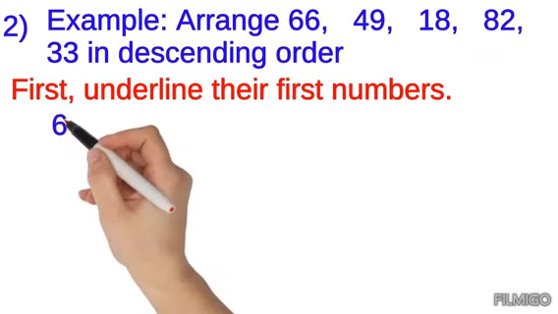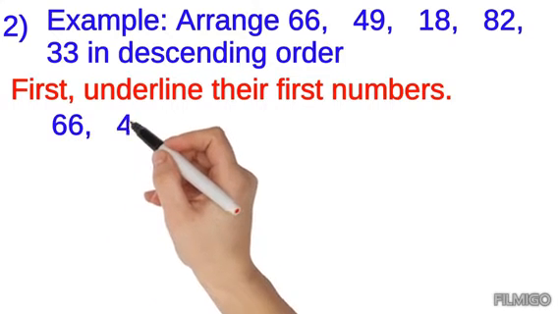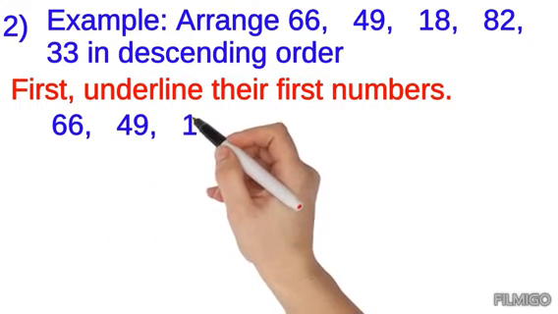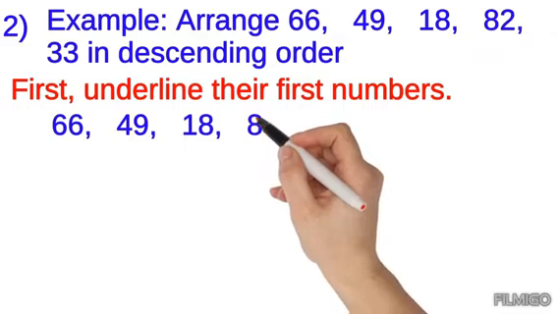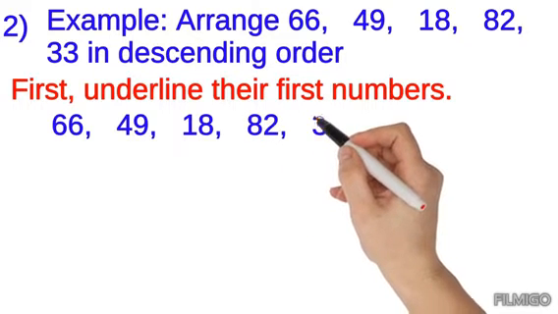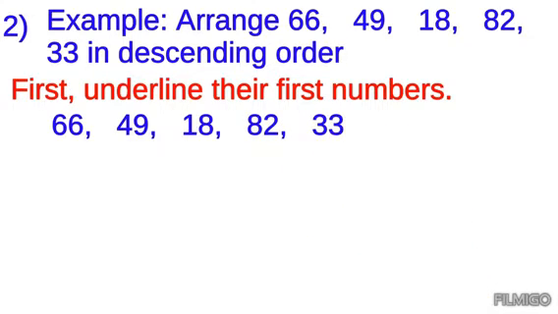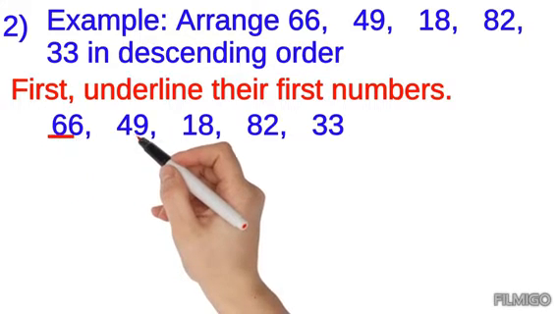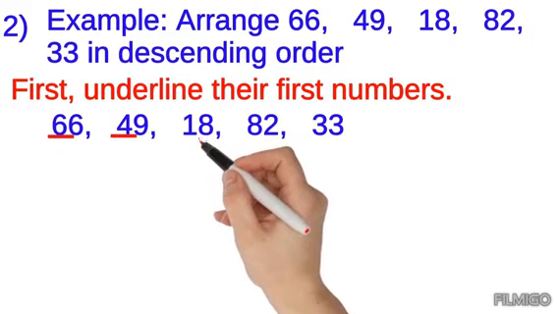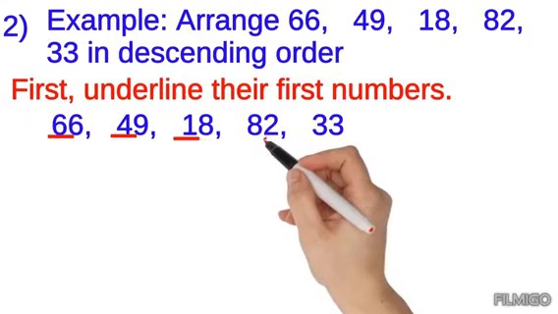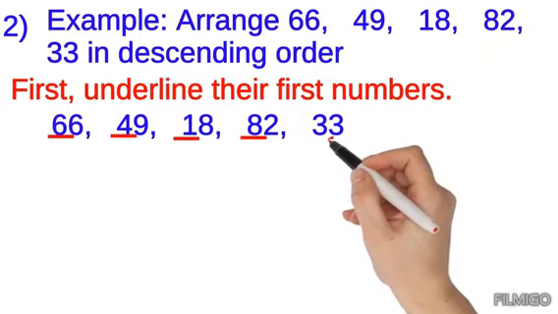So we're going to write out all our numbers. After that, we start underlining the first numbers. So we go with 6, we go with 4, we move to 1, we move to 8, and we move to 3.